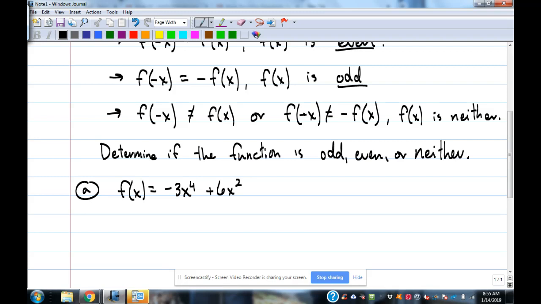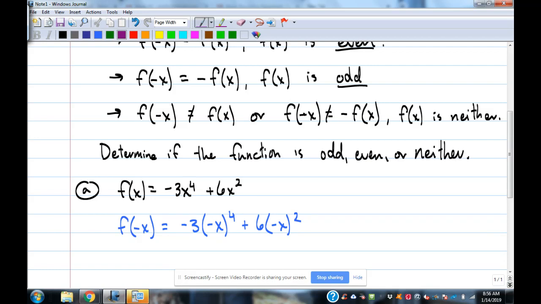So if we're going to test that, what's the real test that we should do in order to determine if that is odd, even, or neither? Plug negative x in. That is the test that we need to prove that something is even, odd, or neither of those. So plug in negative 3 times negative x to the fourth power plus 6 times negative x squared.